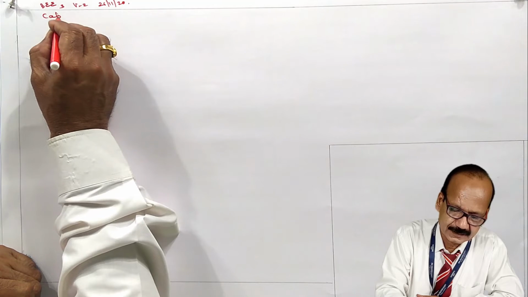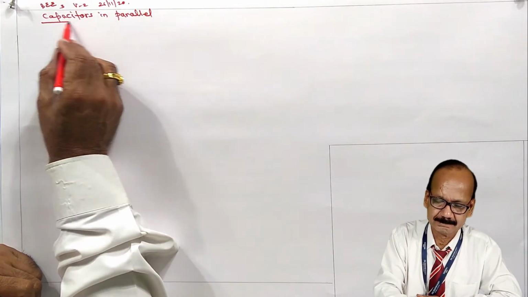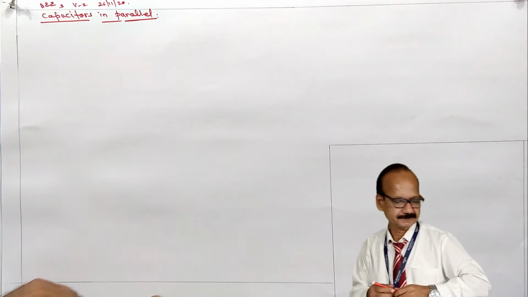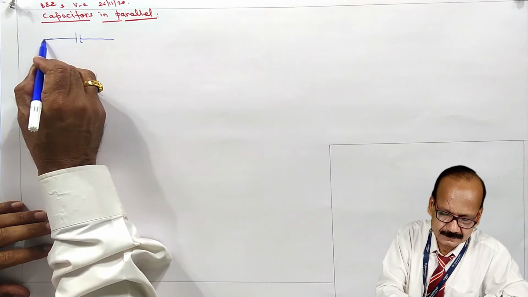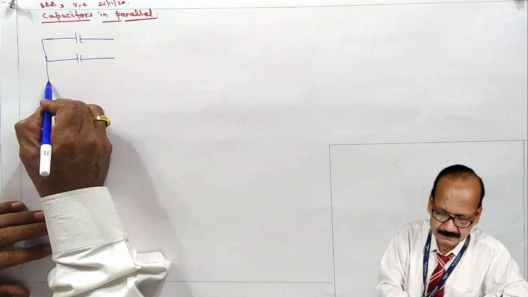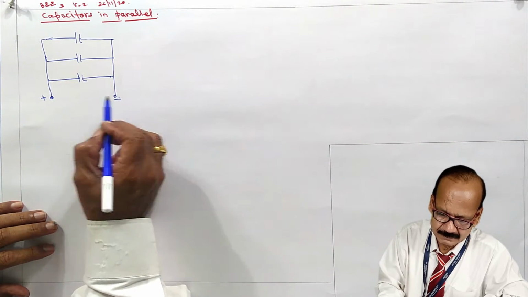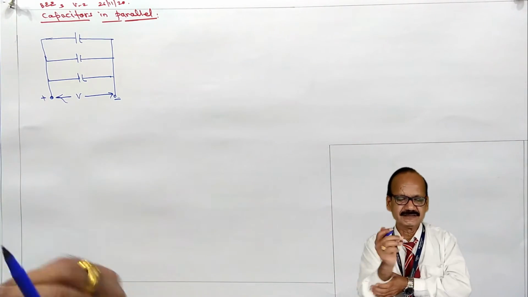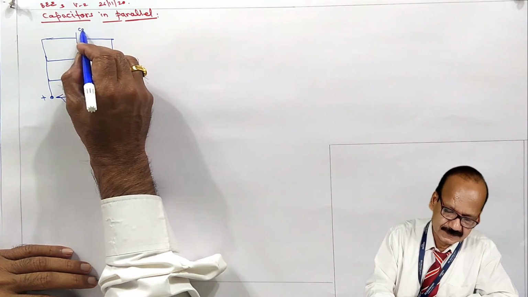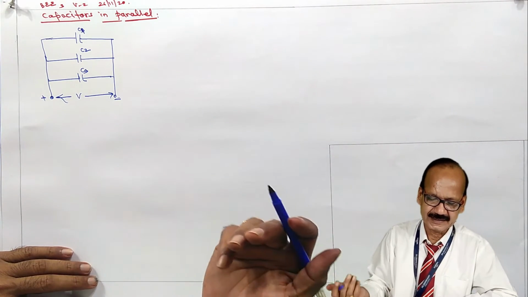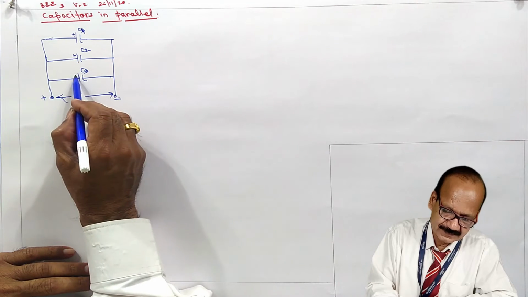Capacitors in parallel. Let us consider the three capacitors having their capacitances C1, C2 and C3 connected in parallel across this voltage V. This is the positive plate, this is positive plate, this is positive plate.